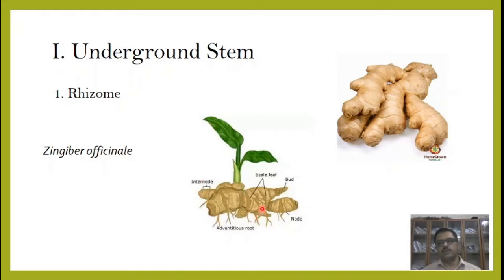At these nodes, axillary buds or lateral buds are formed, and these can give rise to new leaves or flowering shoots called scapes. There are adventitious roots, which are roots that are produced from a part of the plant other than existing roots. These adventitious roots develop from the rhizome, holding it to the soil and helping in absorption of water and minerals.